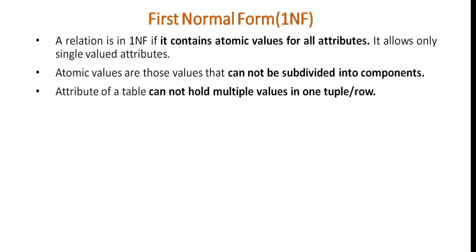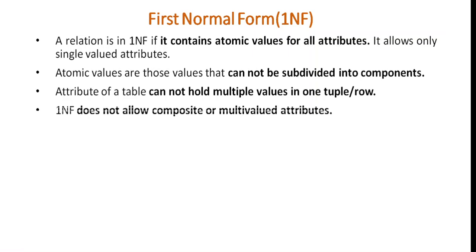An attribute of a table cannot hold multiple values in one row or in one tuple. It means all attributes in a relation must contain atomic values only. That is, for each row in each column there should be a single value. Multiple values cannot be stored in a single cell. This is the condition of first normal form.